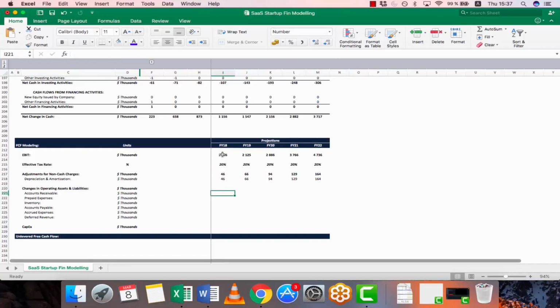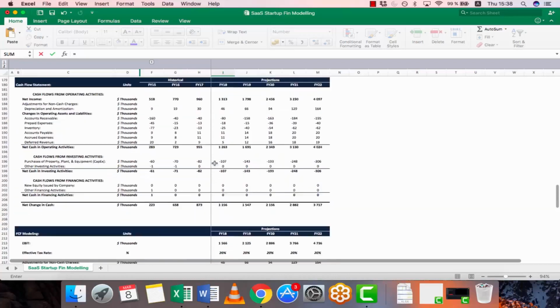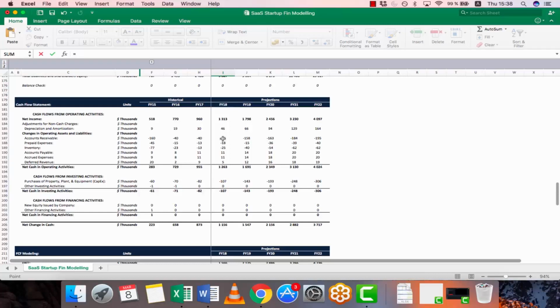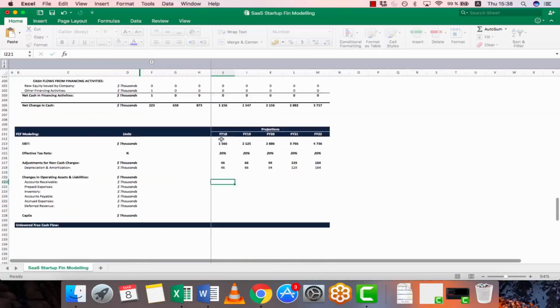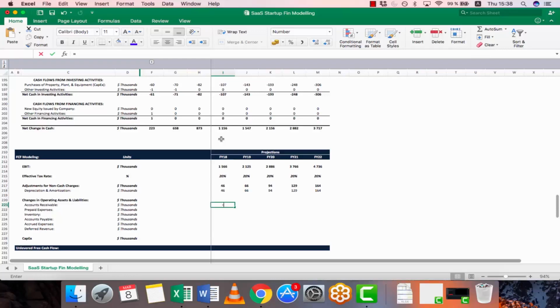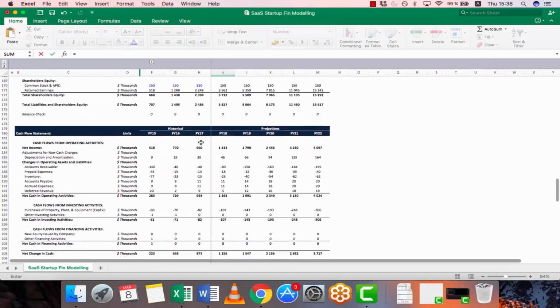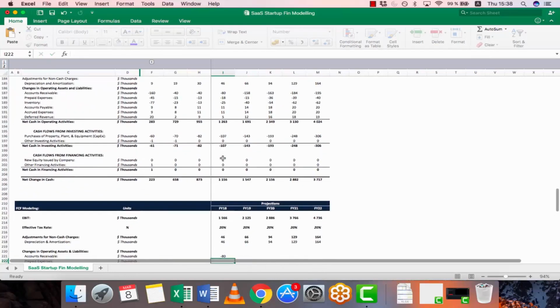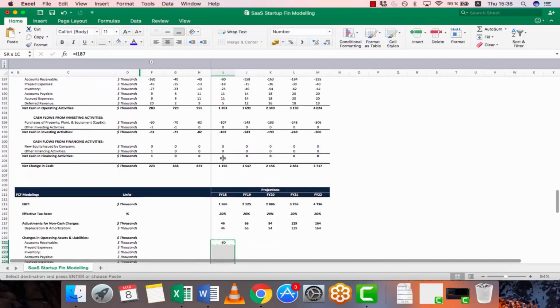Changes in operating assets and liabilities. Accounts receivable. So here we need just to take the items from the cash flow statement. Accounts receivable, prepaid expenses, inventory, accounts payable, accrued expenses, and deferred revenue. Exactly what we need. So we can just link the first line item and copy everything here.